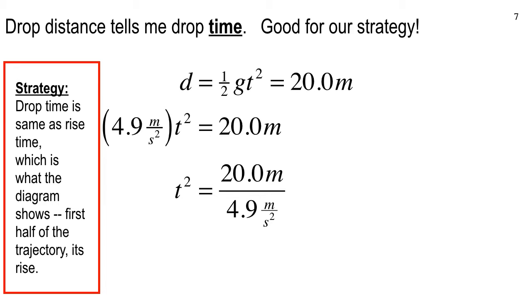And hey, you guys, the meters cancel, and the per second squared, remember, division by a fraction is the same as multiplication by the reciprocal. So the per second squared in the denominator goes into second squared in the numerator, right? And the meters are canceled.